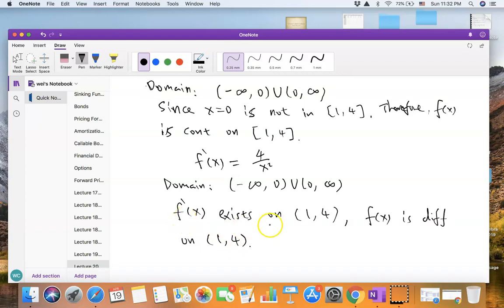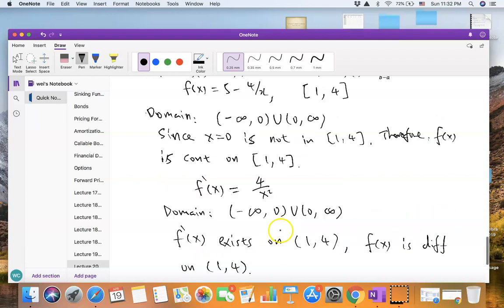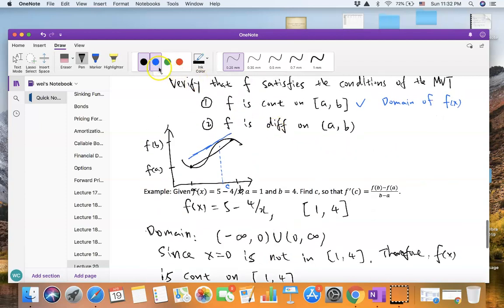Because if it exists, that means no matter which number we plug into this derivative function, we can always find a number, and that number stands for the slope, right? Stands for the derivative. Since we can find it at any number on the interval from 1 to 4, we can find the slope at any number, and that's why the definition of differentiable tells us the function is differentiable on the interval. So the second condition is also checked.